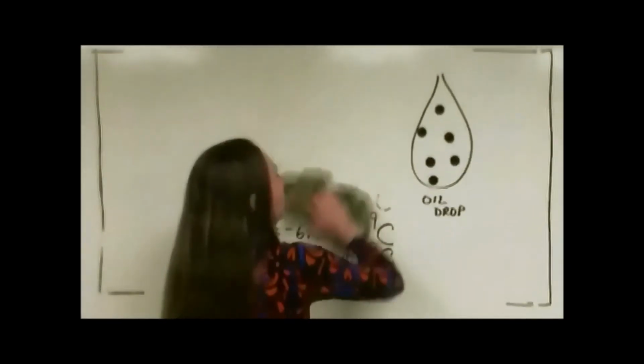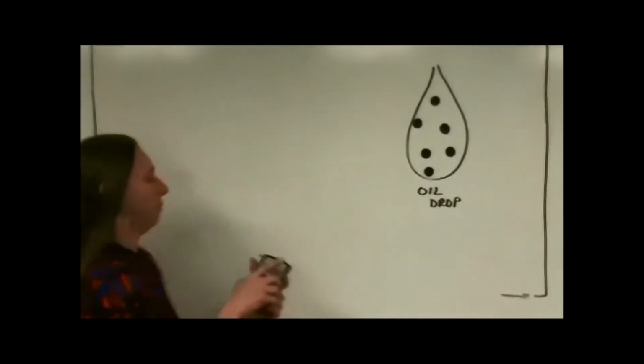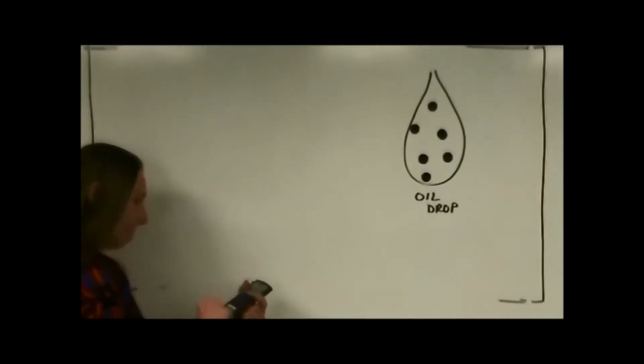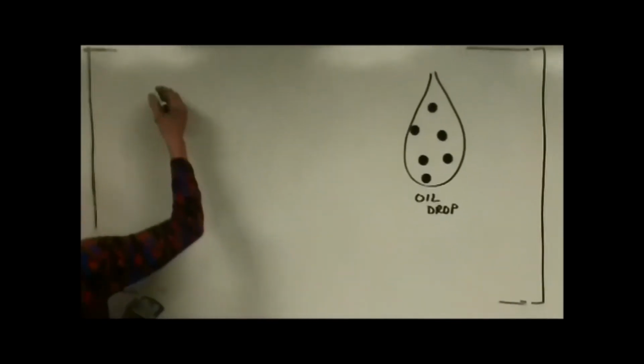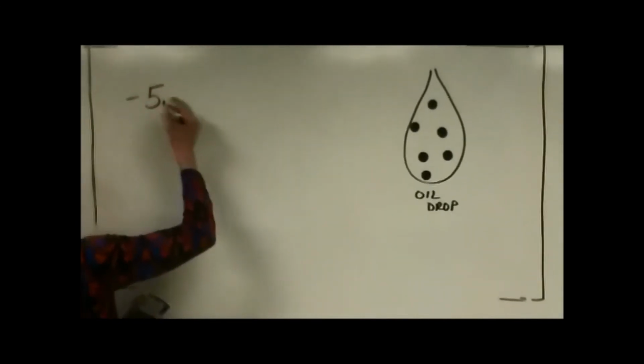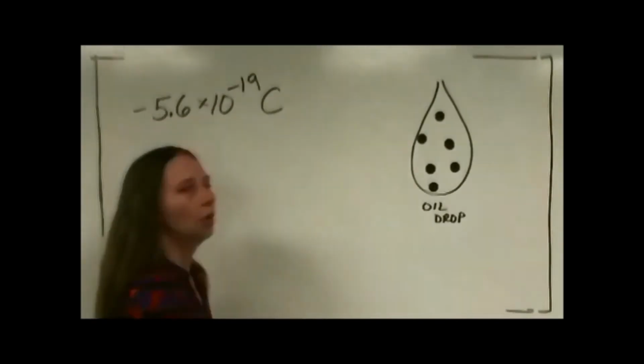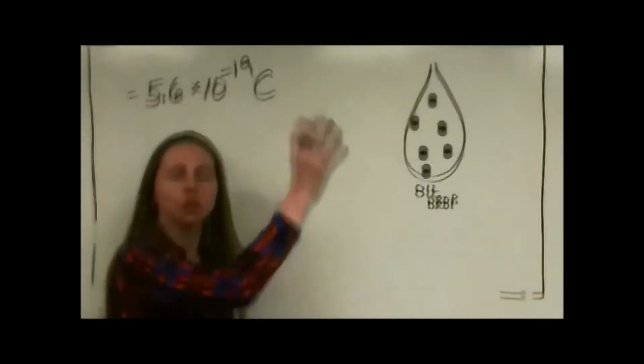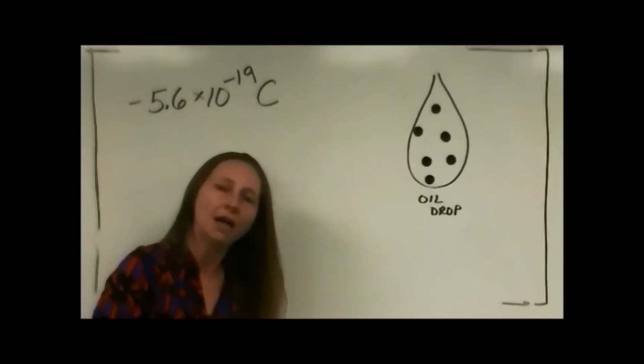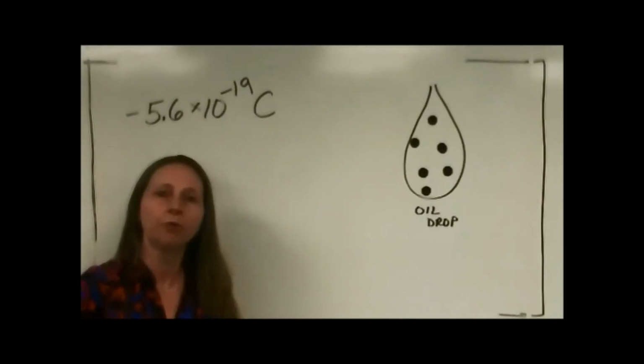So let me show you a total charge that would not be possible. For example, would negative 5.6 times 10 to the negative 19 coulombs be possible as an excess charge? Would that total charge be possible?